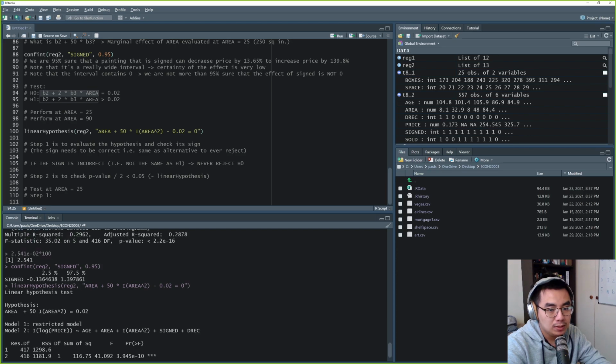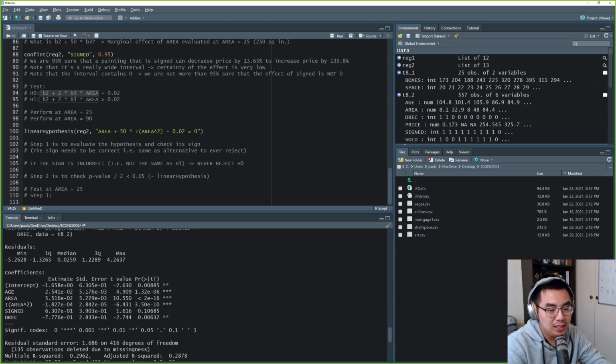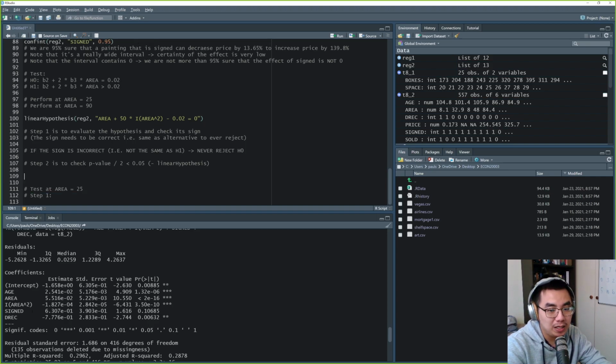Okay, so let me just extract out the beta 2 and beta 3 real quick. Okay, I've already used beta 2 before. It's fine. I'll just override it. It's reg 2 coefficients. Do some counting. 1, 2, 3. And beta 3 is coefficient 4.